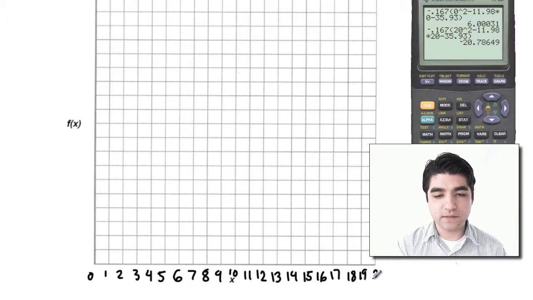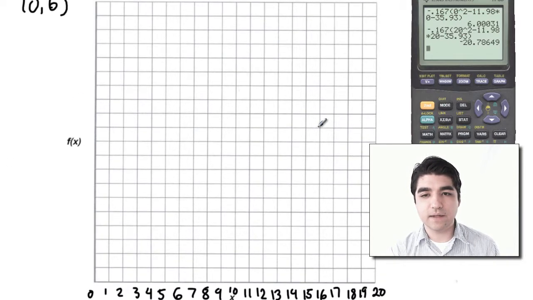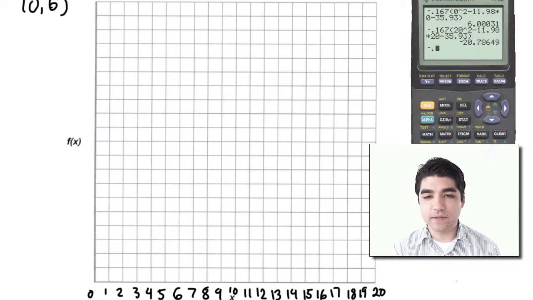Okay, for the vertical scale, let's see what we need to go with. Let's put in 10 for x, since that's probably in the middle somewhere.